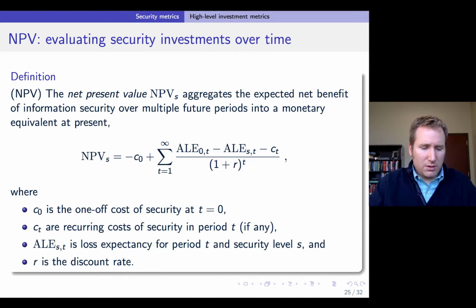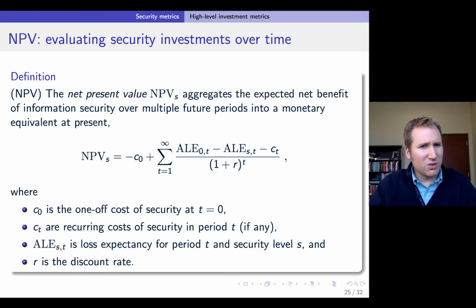Now, ROSI is useful if you're trying to give a single scalar value that would communicate the return on investment that you get from security. ROI is something that people within the business community like to hear about, and it can be useful to measure.